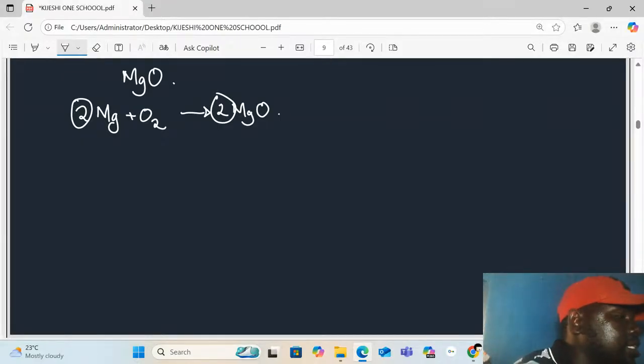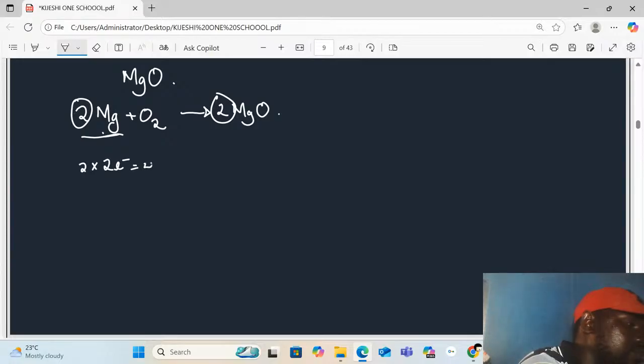This means that this one normally loses 2 electrons. But since they are 2, they will lose 4 electrons. A single oxygen atom can gain 2 electrons.